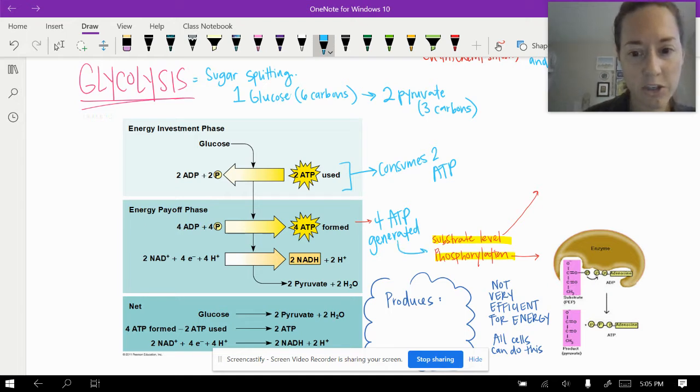And these ATP are generated using something called substrate level phosphorylation.